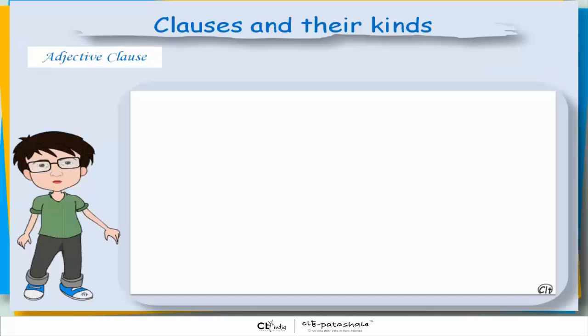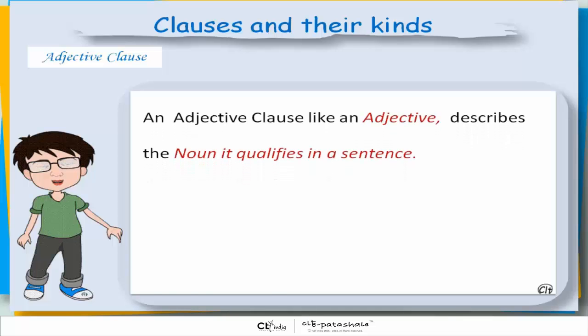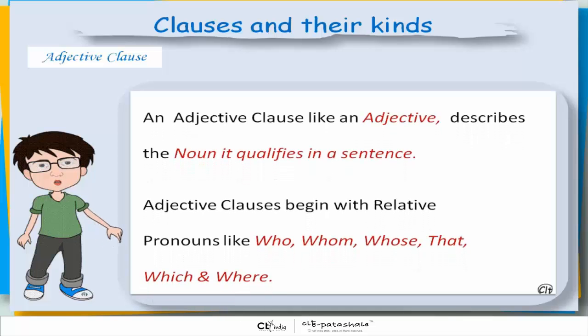Now let's define an adjective clause. An adjective clause, like an adjective, describes the noun it qualifies in a sentence. Adjective clauses begin with relative pronouns like who, whom, whose, that, which, and where.